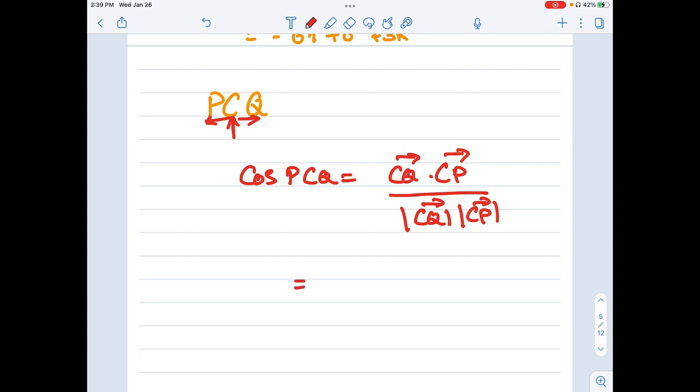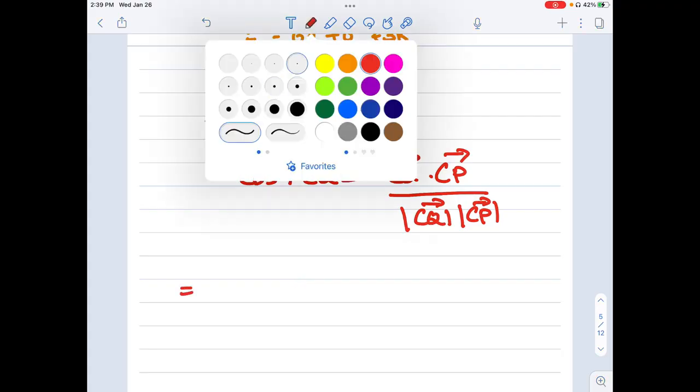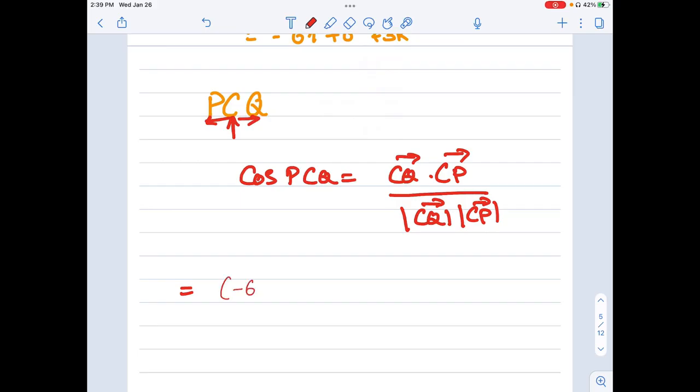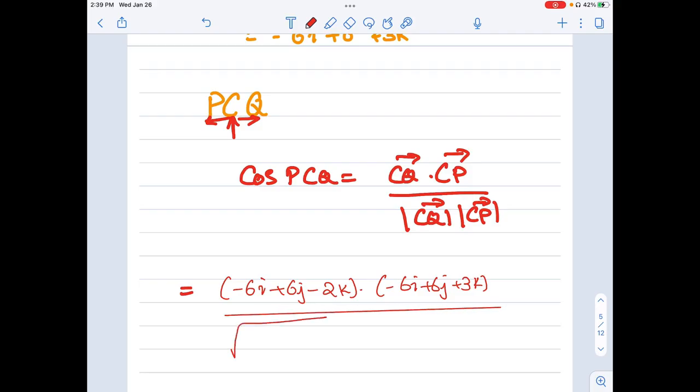So CP was minus 6I plus 6J minus 2K, dot minus 6I plus 6J plus 3K, divided by modulus of CQ, which will be square root of 6 square plus 6 square plus 3 square, and modulus of CP, square root of 6 square plus 6 square plus 2 square.